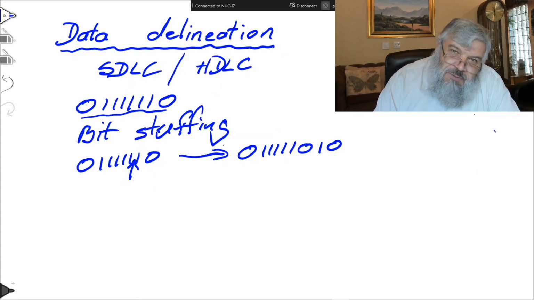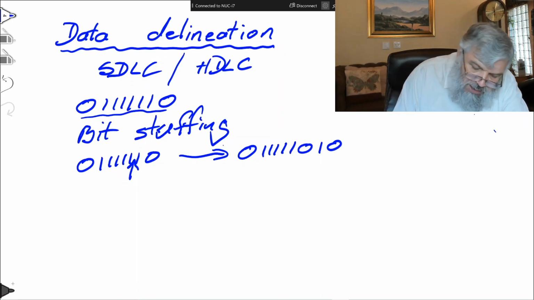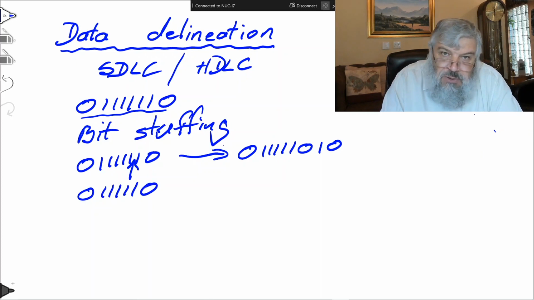One of the things that people very often miss here, suppose I want to transmit data that looks as follows. It's a 0 and then 5 ones and a 0. Now that doesn't look like a flag. It's not going to cause any confusion whatsoever. So a lot of people will want to transmit that just as is. But remember what the algorithm says.